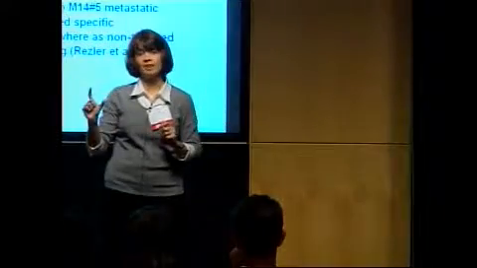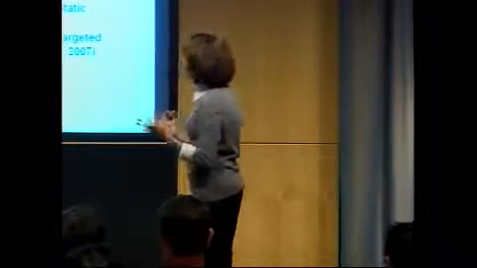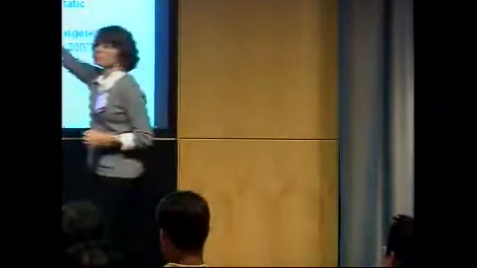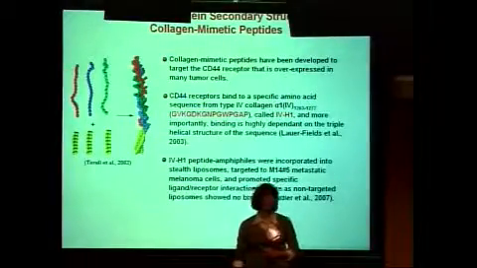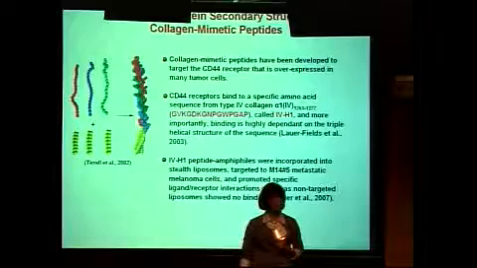We also know that just this sequence is not enough. In order for us to get that specific lock and key interaction with the receptor, that peptide has to be in a triple helical form. So we need a secondary function, a protein-like structure. Unfortunately, when they synthesized the peptide and they evaluated the structure, they realized that you have absolutely no secondary structure. So how do you induce this?